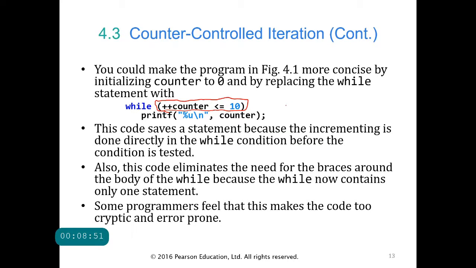It first increments your counter value because this is pre-increment, and then it checks whether the value of counter is actually less than or equal to 10. If it is, it just prints the value of counter. So instead of writing counter down here, you can write it like this. You can put it inside the while statement, and that will save you one line of code.